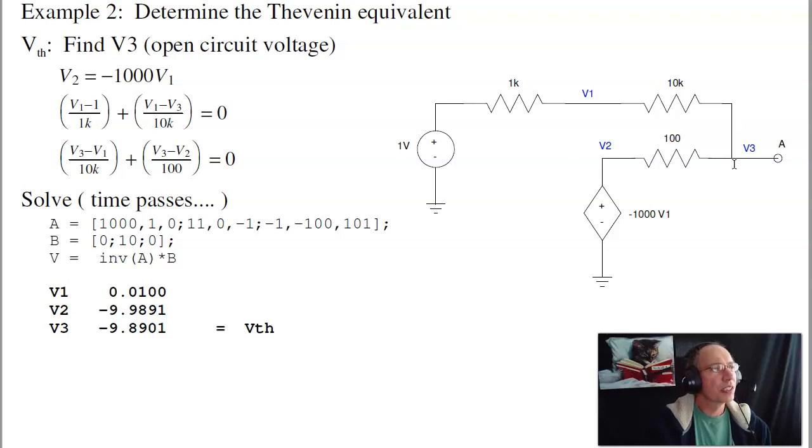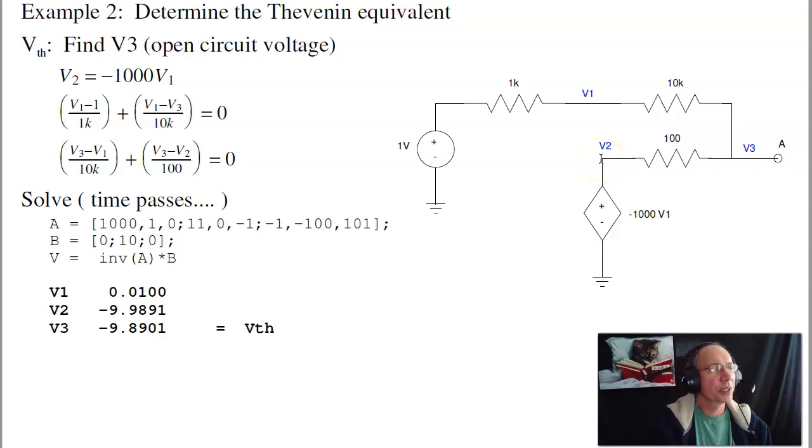To find the open circuit voltage, I'll write the node equations. (V1 minus 1) over 1K plus (V1 minus V3) over 10K equals 0. And node 3, (V3 minus V2) over 100 plus (V3 minus V1) over 10K equals 0. And V2 is minus 1000 V1.